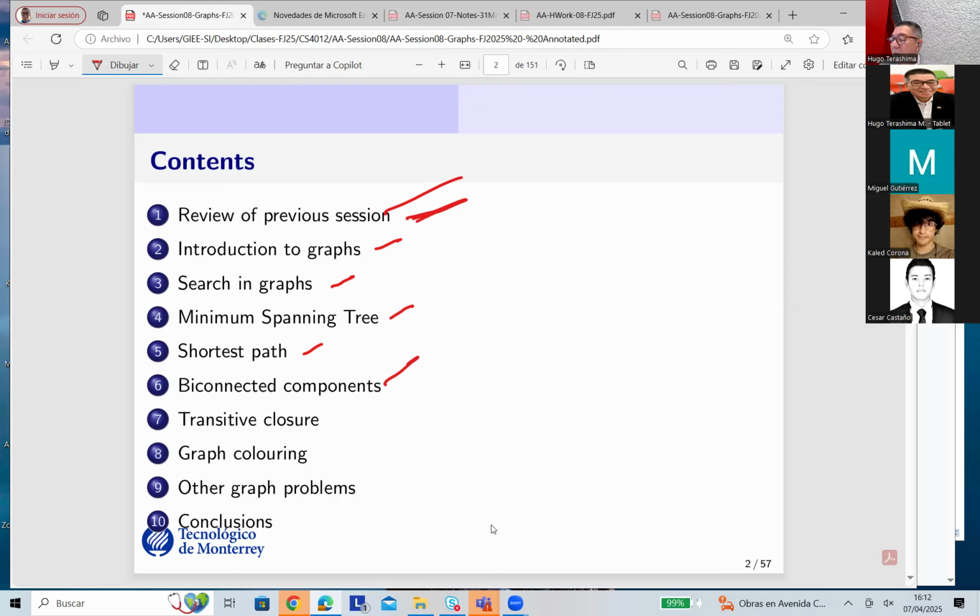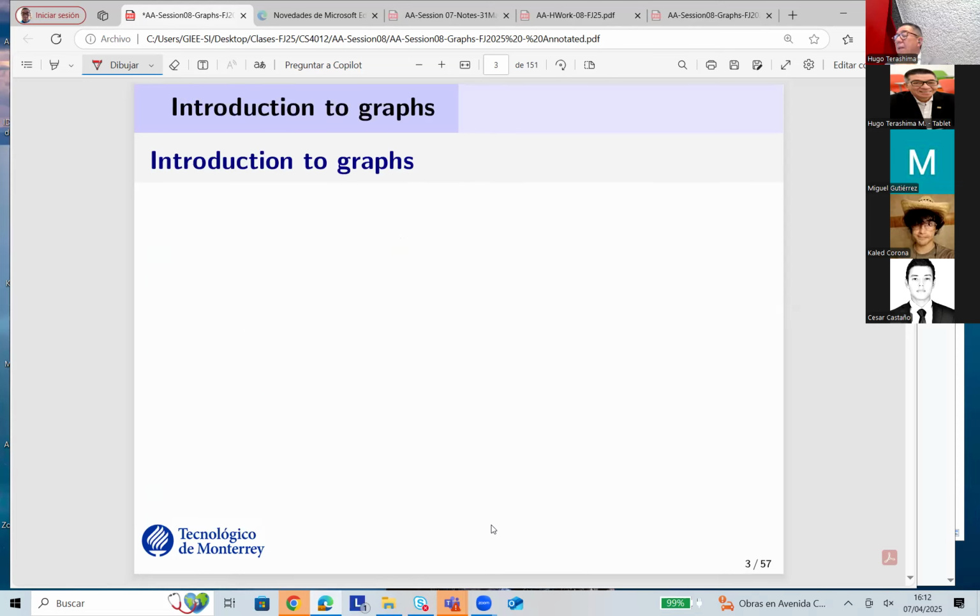I will mention the transitive closure algorithm and some modeling of graph algorithms for difficult problems. And we are going to start talking about the NP problems that we did in the first session, right, in other graph problems also. Those are the contents of today's session, right?